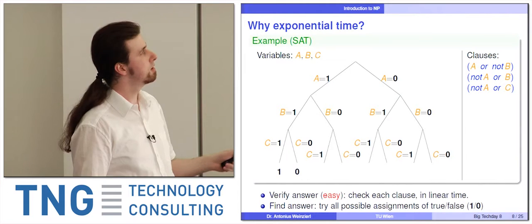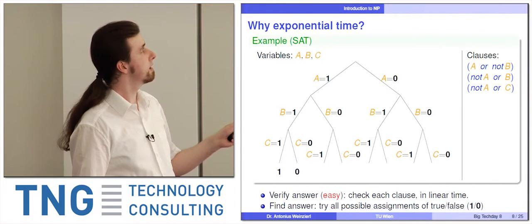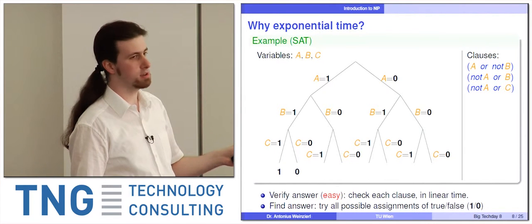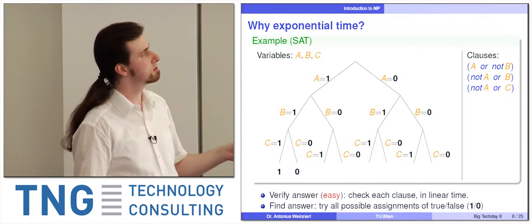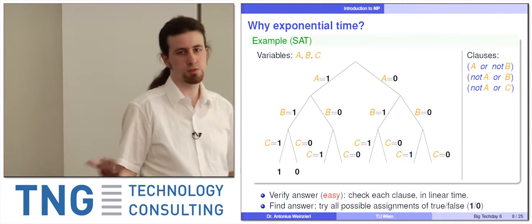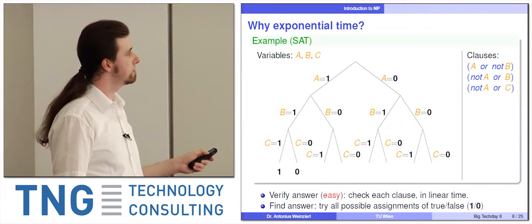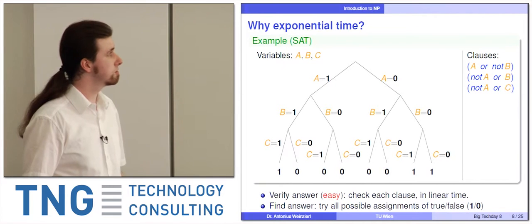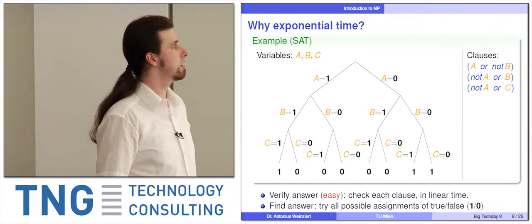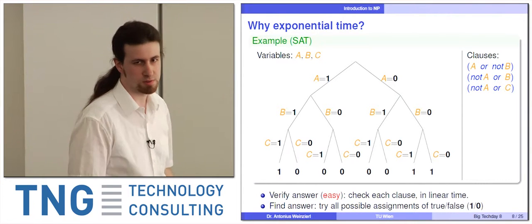C is 0, so the third clause, not A or C: A is true, so not A is false, or C is false, so this is false or false, which means the clause is not satisfied. Therefore here we have a 0. It's not a satisfying assignment. And we can check this for all the others, but we don't know where the ones are. This is basically the problem.